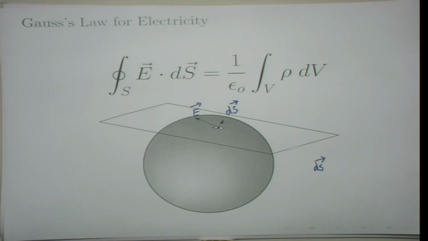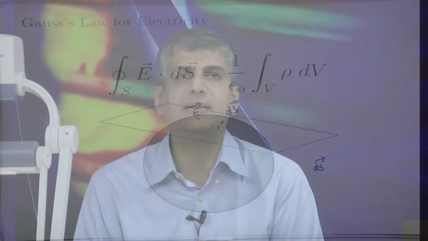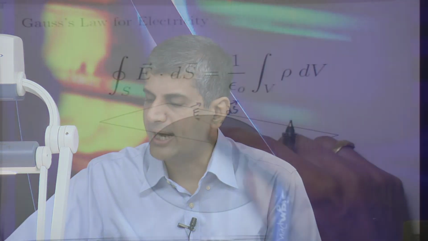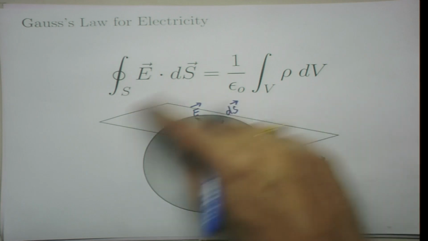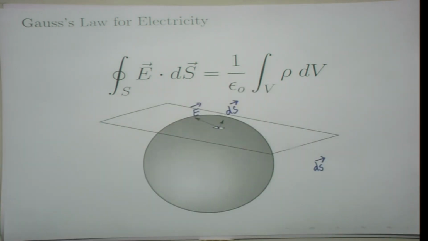Of course, since we are talking of elemental volumes and infinitesimal areas, it will be an infinite summation. So, this effectively becomes an integration. This is what is meant. At every point on the sphere you do E dot ds and then integrate it over the entire surface, and this is equal to 1 by epsilon naught into the total charge enclosed.